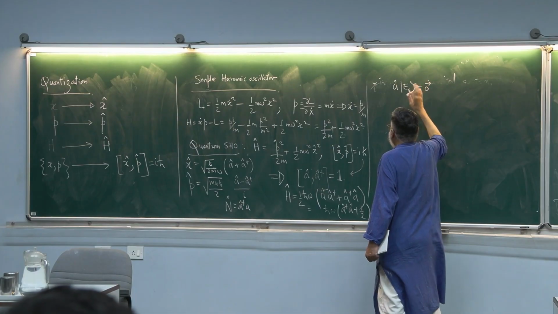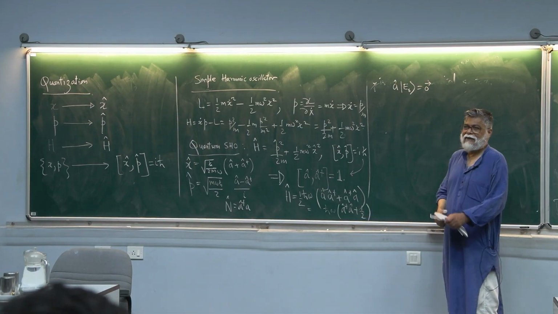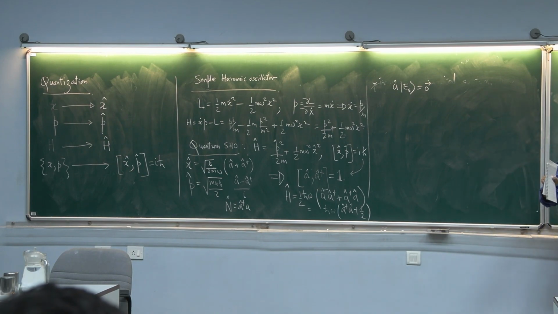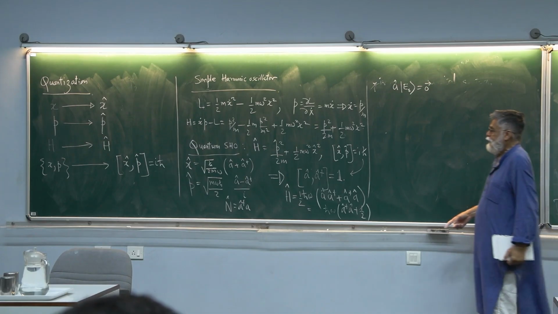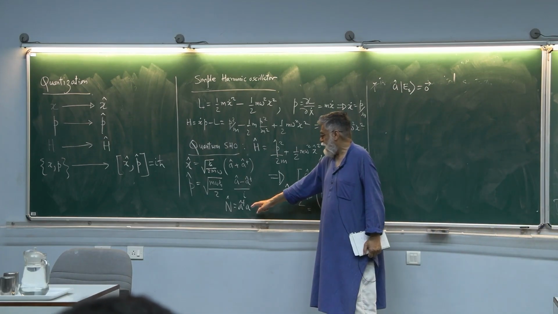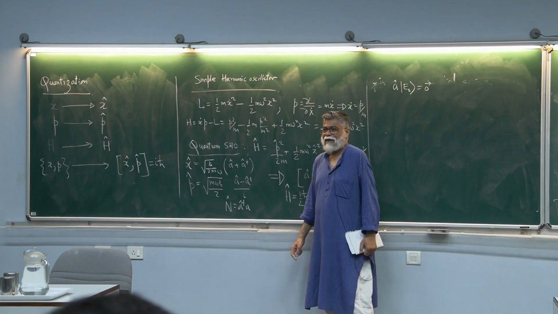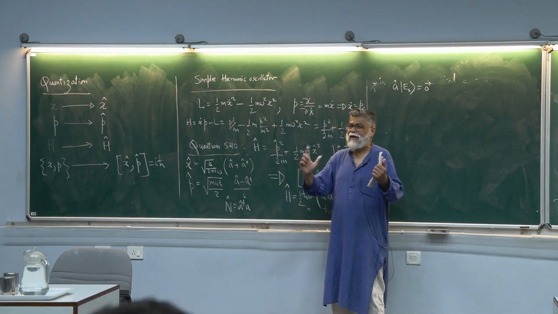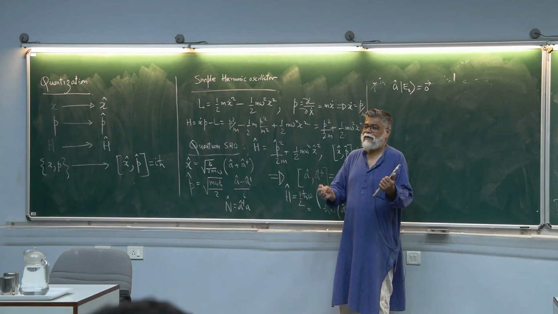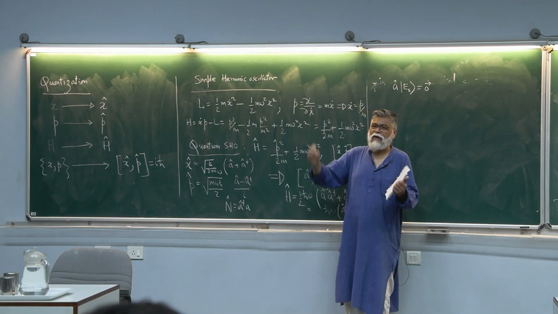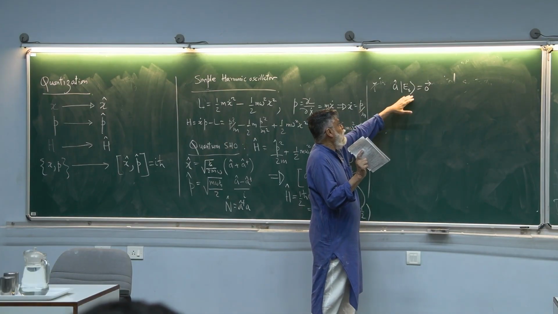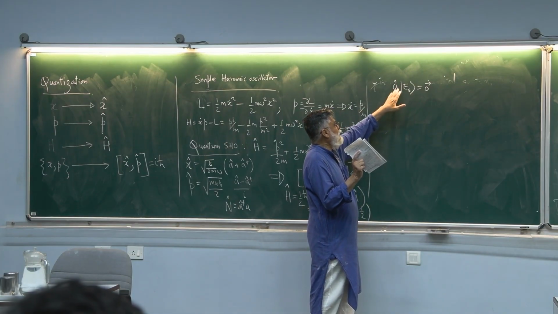I don't want to go through the argument. It's a great argument. No differential equation is involved. Just from the fact that the eigenvalue of A dagger A is n equal to 0, 1, 2, you can deduce that there will always be a minimum state which is annihilated by the operator A.